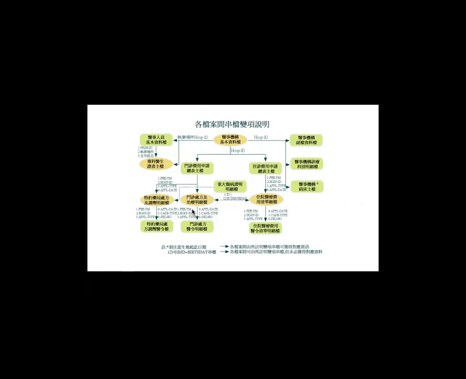So we will need to include the date and the hospital ID. For example, that guy can visit two hospitals on the same day, so you also need a hospital ID to differentiate.